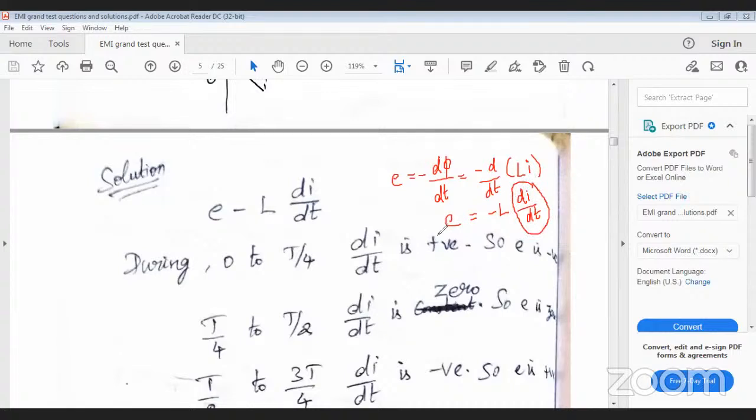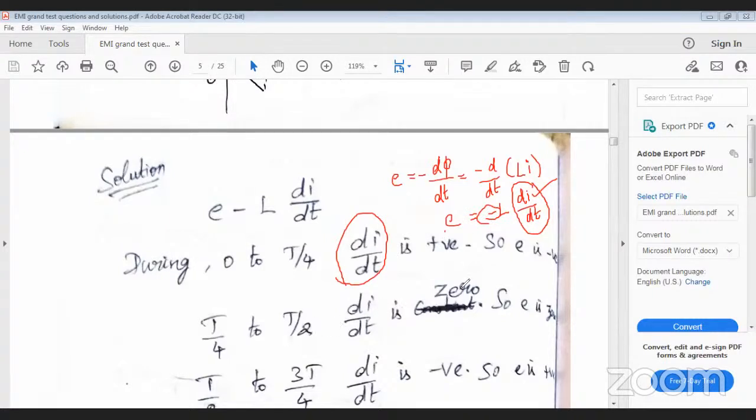So in our question, from 0 to T by 4, di by dt is positive. In that case, the EMF should be negative, because when this term is positive, your EMF is negative, because you have a negative sign in the equation itself. So from 0 to T by 4, di by dt is positive, so your EMF should be negative. And from T by 4 to T by 2, di by dt is 0.